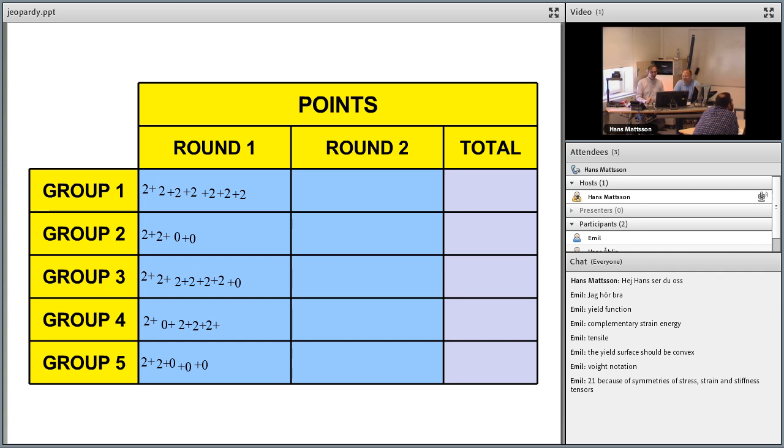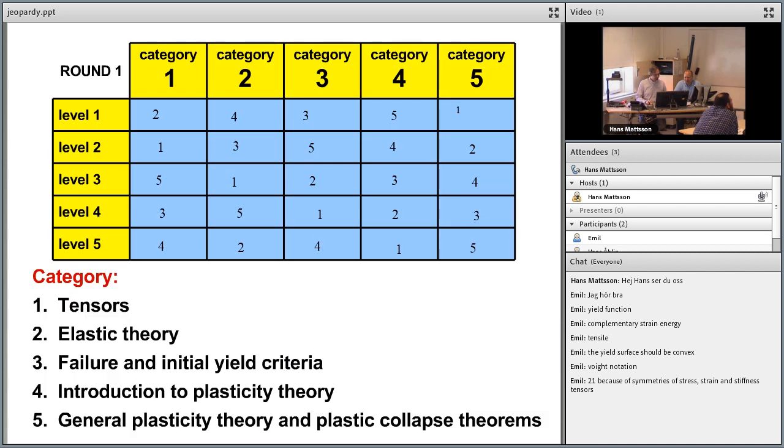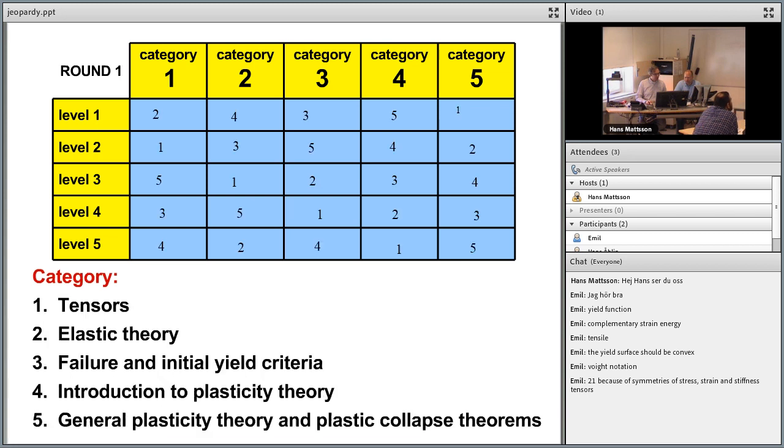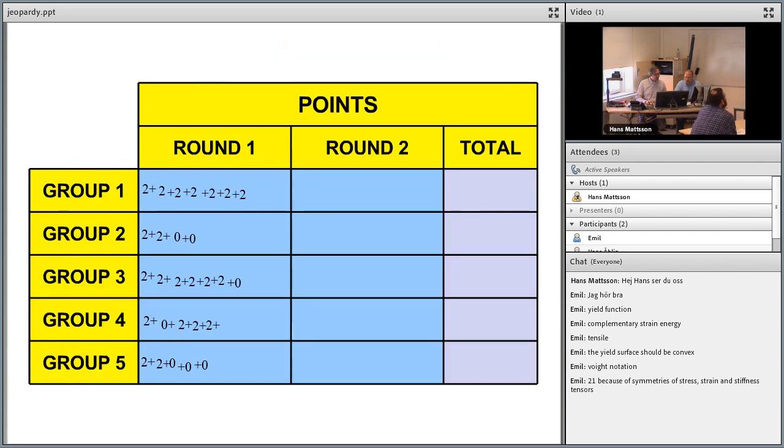Yeah, and group 3 says here that they want to apologize to Emil, and they really want your help in the future here in round 2. So Emil, we need you here, and then we go directly to round number 2.